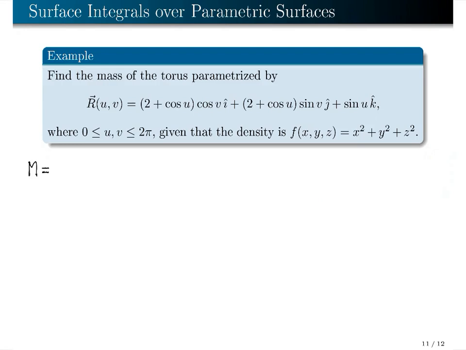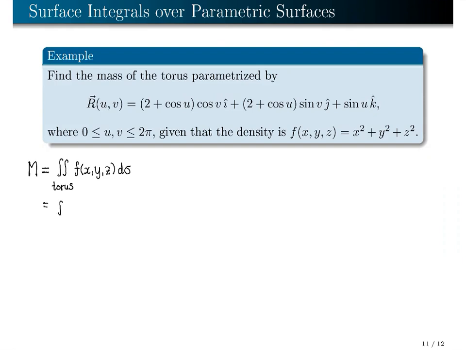Recall from the start of the lecture that the mass m of the torus is given by the surface integral of the density function f of x, y, z d sigma over the torus. Next, we write this surface integral as a double integral over some region in the UV plane.